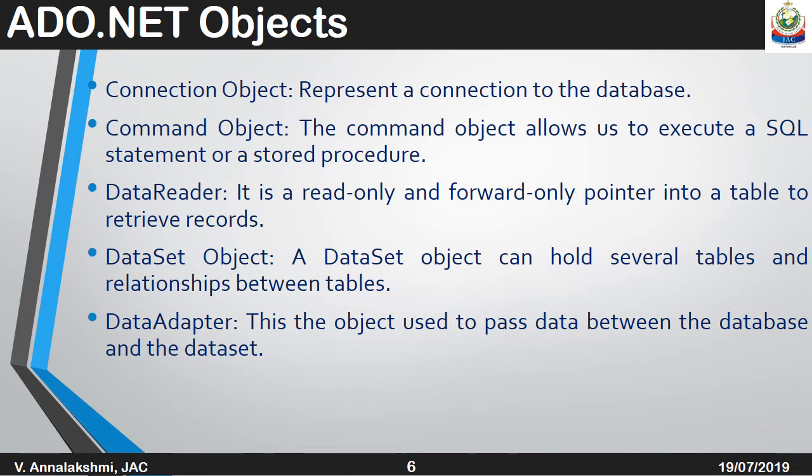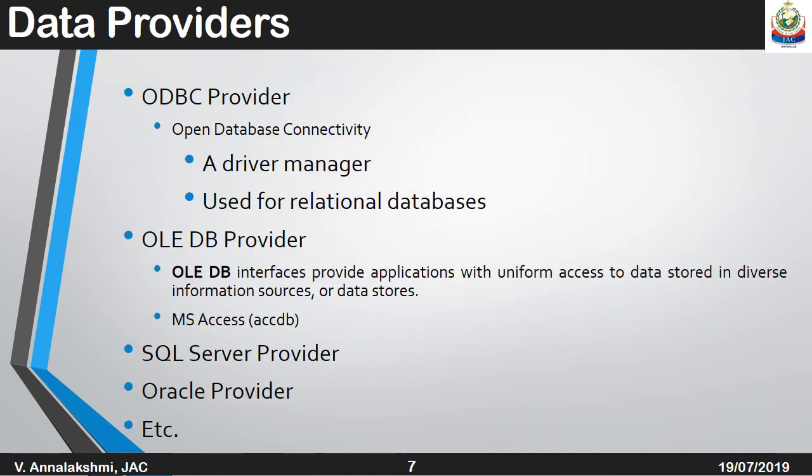The third one is the data reader, a read only and forward only pointer into a table to retrieve records. The fourth one is the DataSet object. It can hold several tables and relationships between tables. And the final one is the data adapter. This is the object used to pass the data between the database and the dataset.